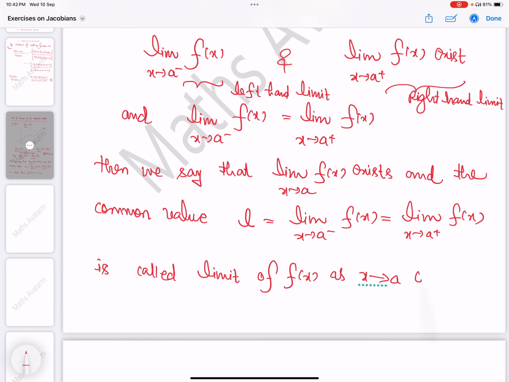Or you can say the limit of f(x) as x approaches a.